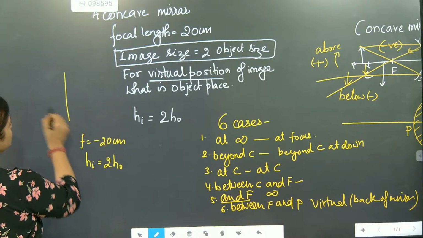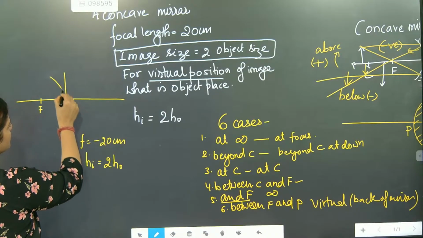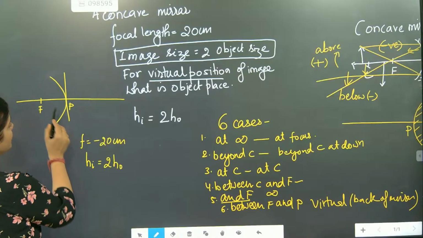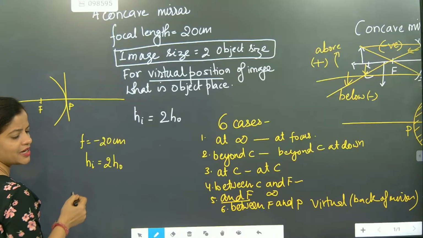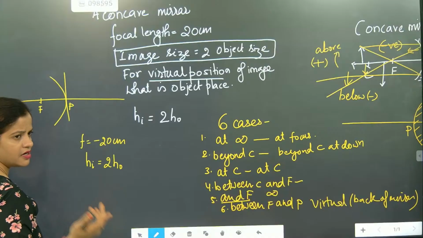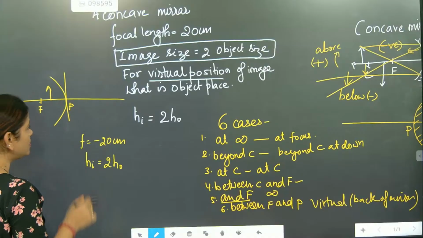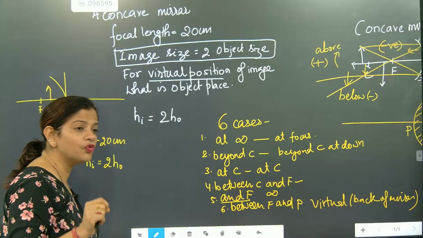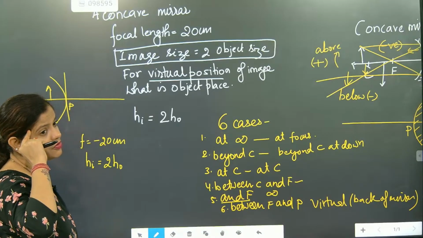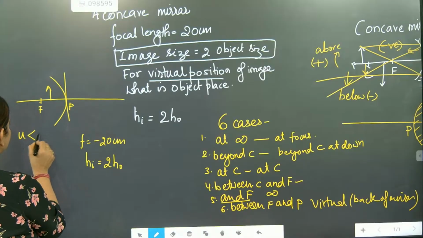That virtual image means the object will be exactly between focus and pole. Between focus and pole only the image is virtual and erect. Understood? So that is where it will come. The object distance will be less than the focal length. Always remember, for a virtual image, the object distance u should be less than f.